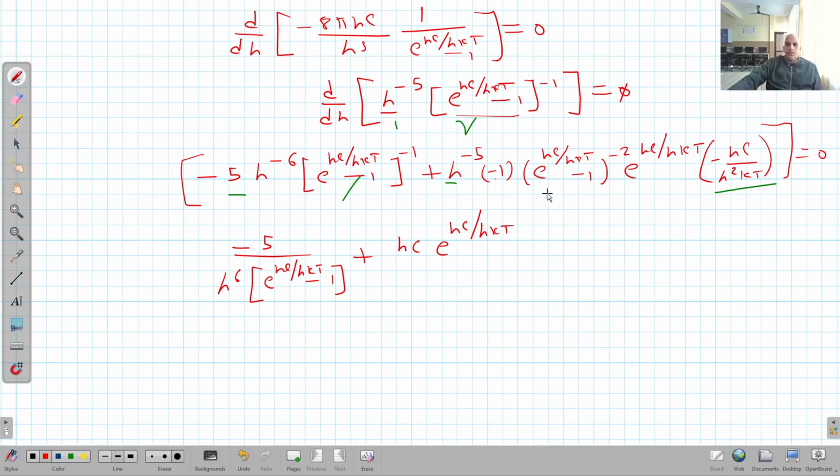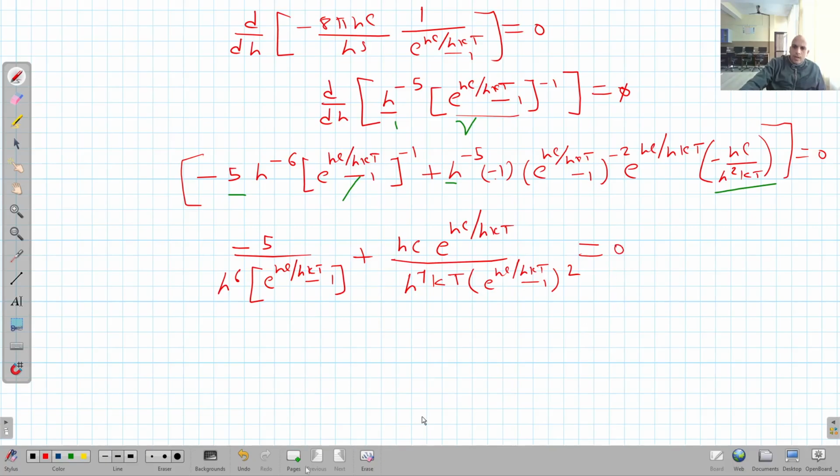Clear? This term divided by lambda power 7 kT, kT, not kvT, kT. I'm using only k. In books you can find here kv. kv stands for Boltzmann constant, so it is understood, into e raised to power hc upon lambda kT minus 1 whole term square. That should be equal to 0.